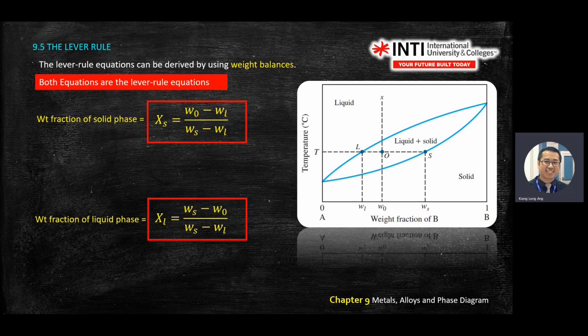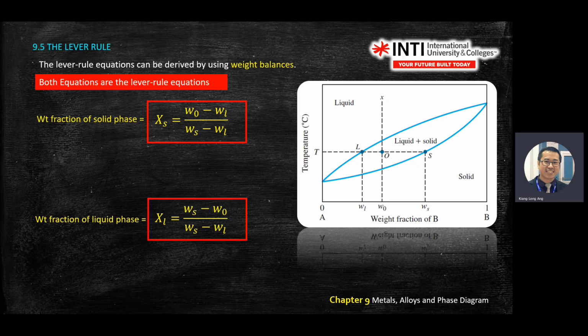So when it asks you, at 55% at temperature A, how many liquid, how many solid? The percentage of weight in liquid: when you see the word liquid, you pick the point near to the solid.